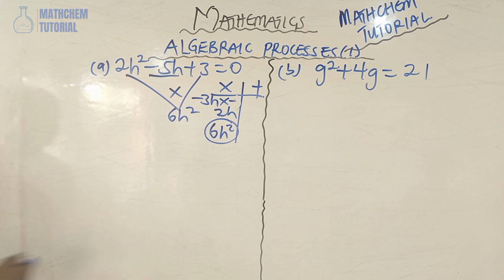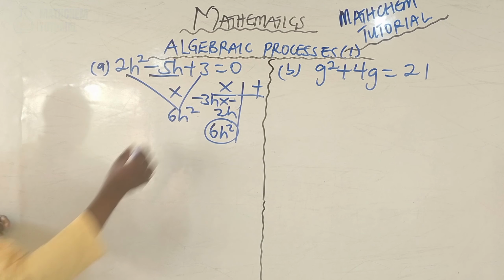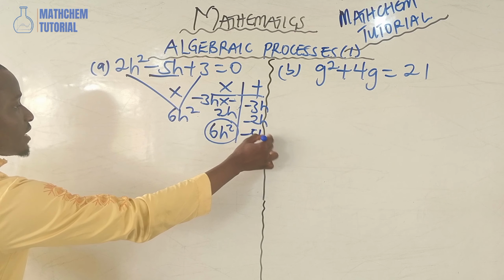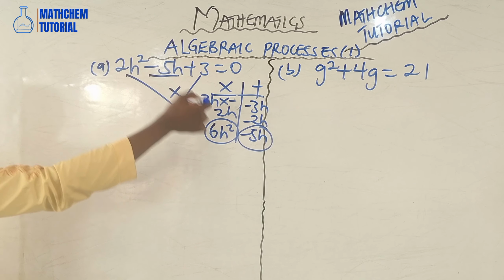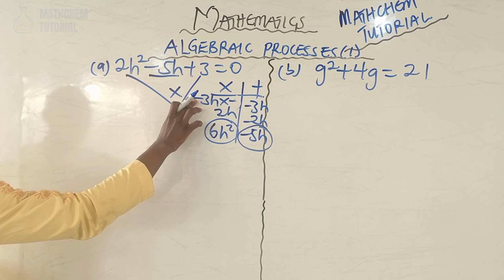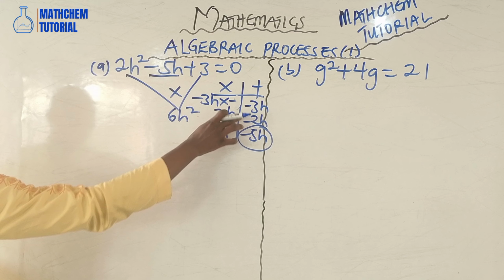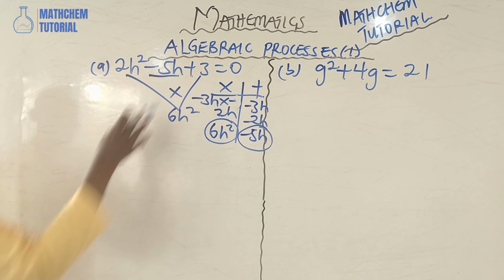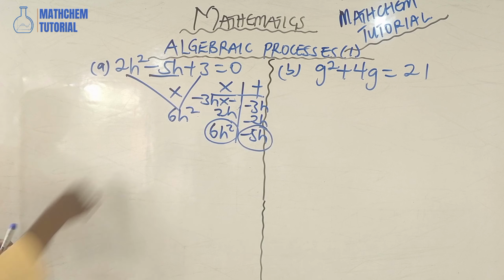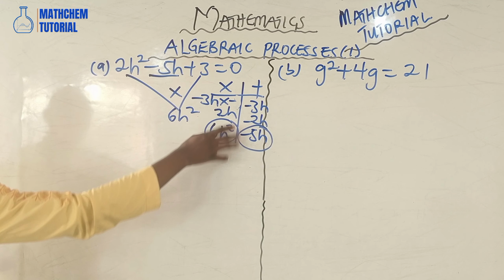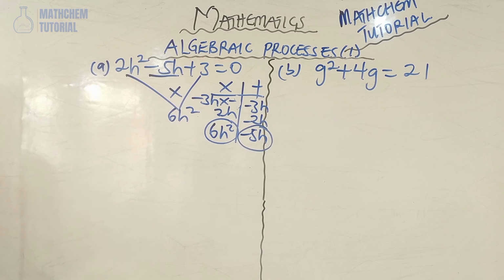If I sum up minus 3h and minus 2h, that is going to give me minus 5h. So the summing up of minus 3h and minus 2h gives me minus 5h, whereas multiplying minus 3h by minus 2h gives me 6h squared.